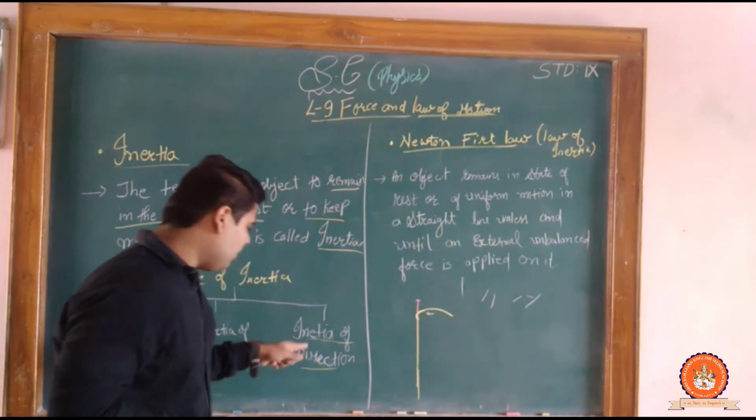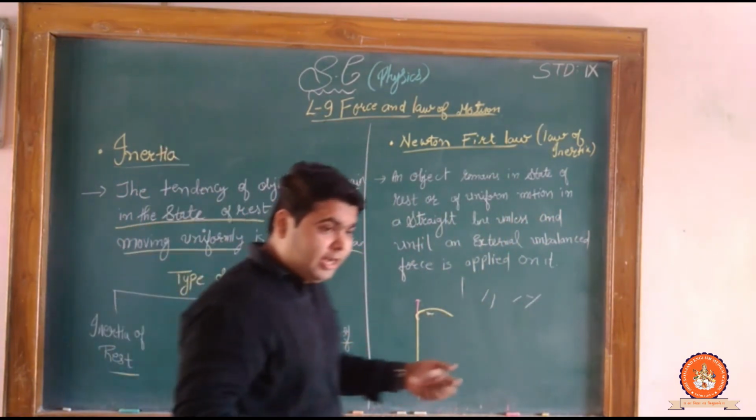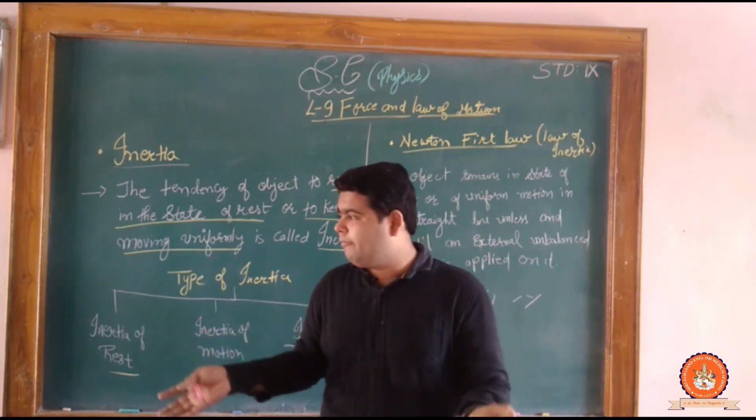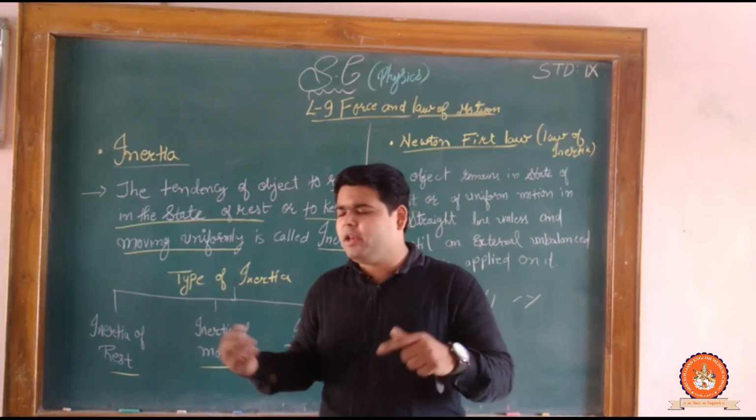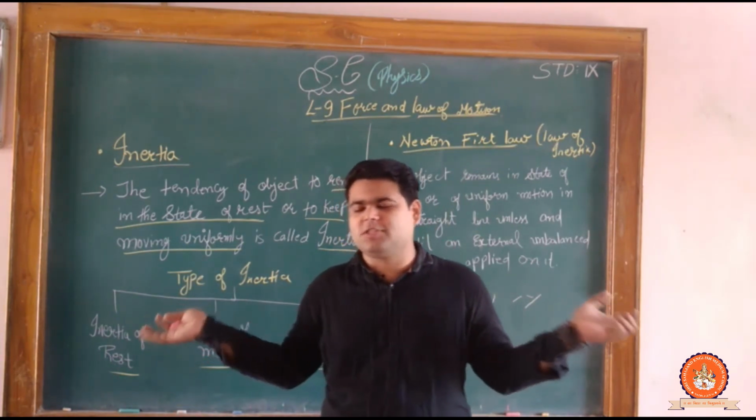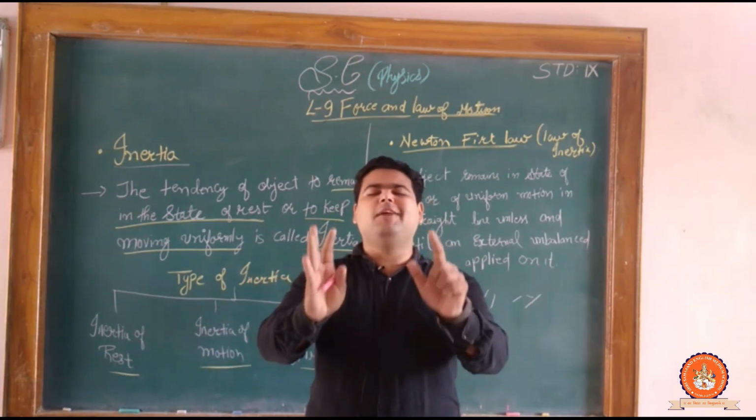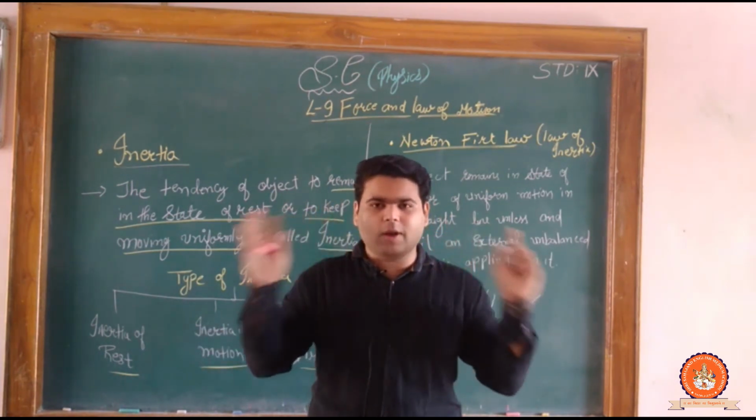So it's the inertia that you can feel when you are riding the vehicle or when anything is happening to your surroundings. Just observe and feel the things, you can get all about the physics.